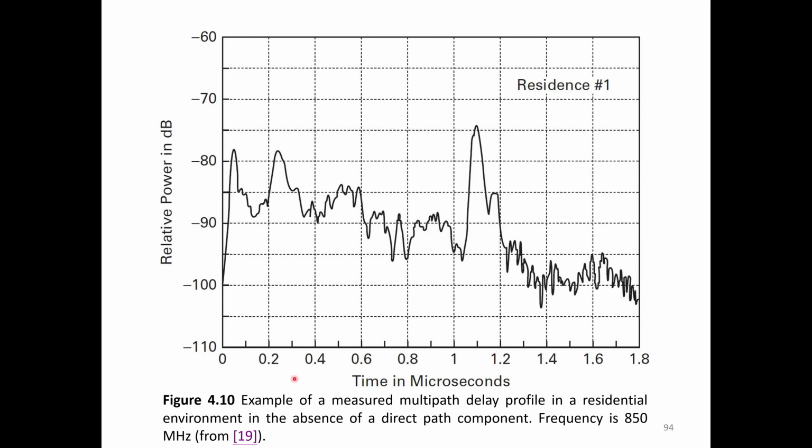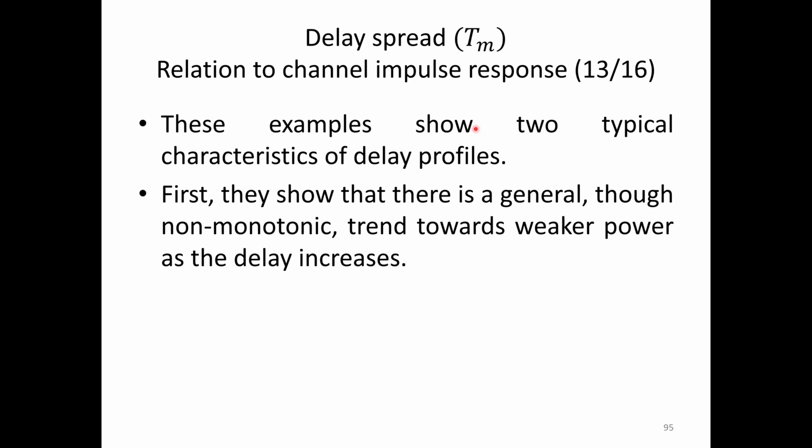For example, in figure 4.10, when the delay is 1.1 microsecond, at this point, we can see that it has the largest relative power. So it means that it has larger energy here.